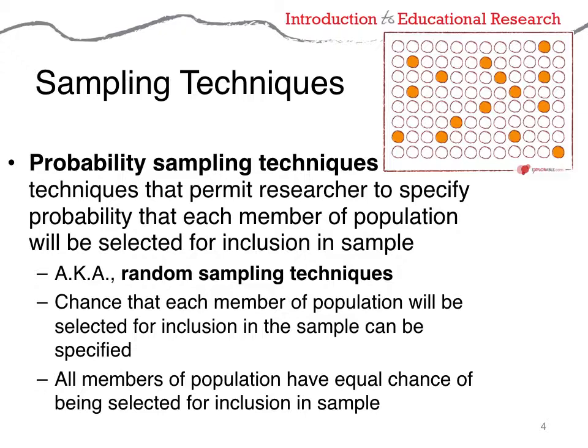What's so important about that? Well, here in sampling, it helps us have a belief that we're getting a representative set out of the sample. It means that all members of a population have an equal chance of being selected for inclusion.